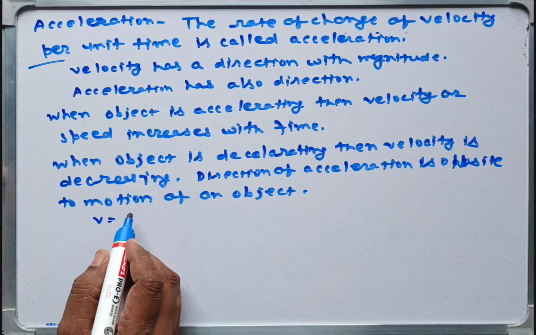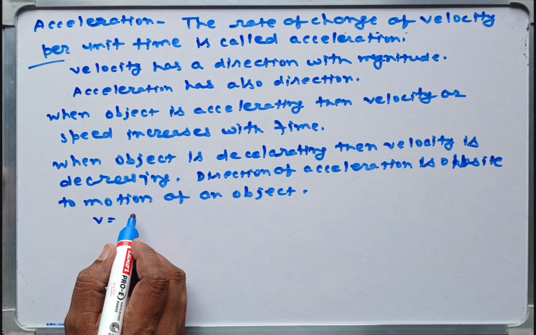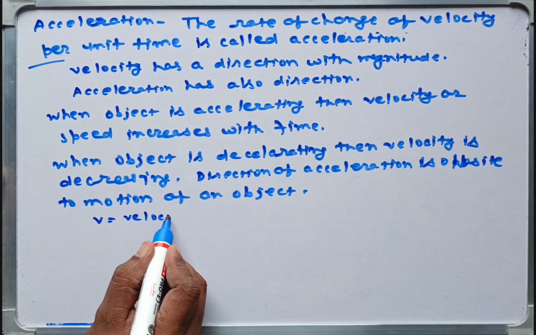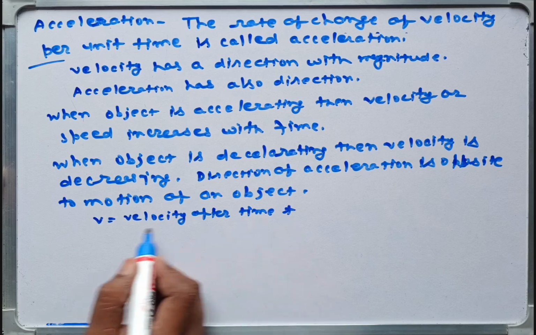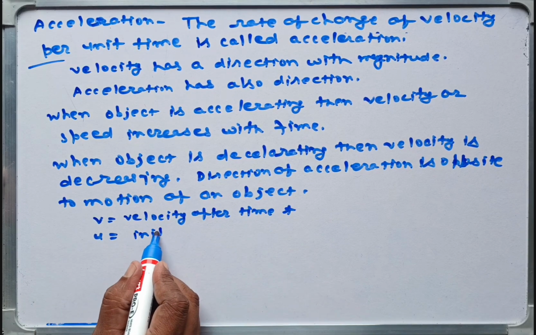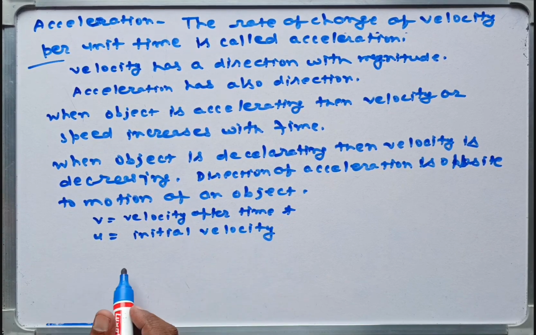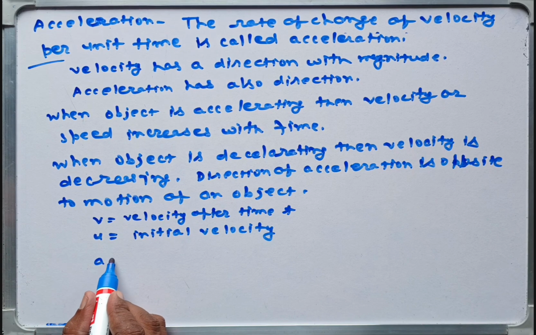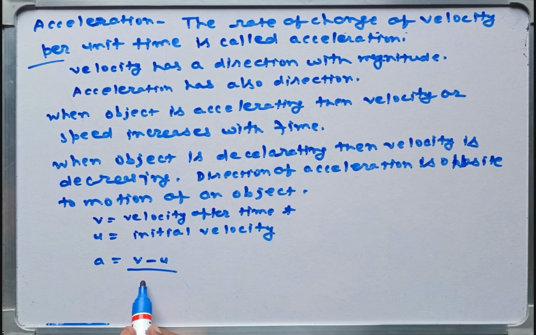If v is the velocity after time t, or u is the initial velocity, then you can say acceleration is v, the velocity after time t, minus u, the initial velocity, divided by the time elapsed during the change of velocity from u to v.